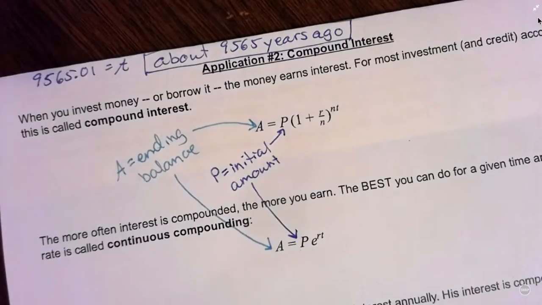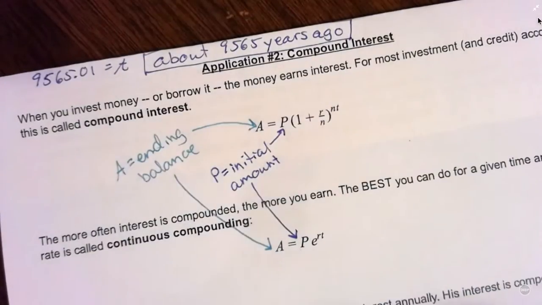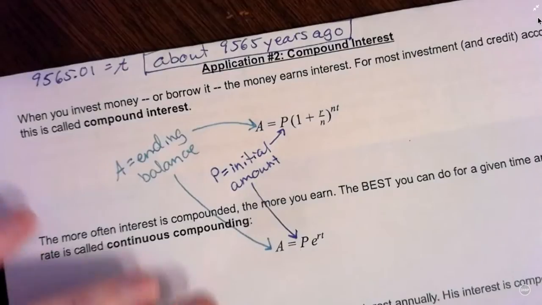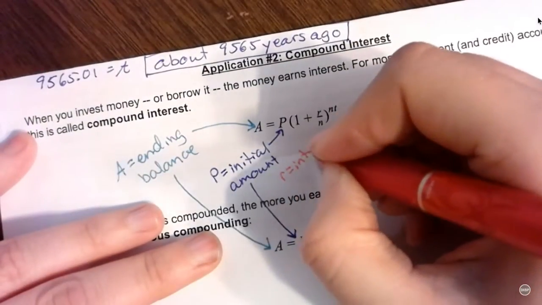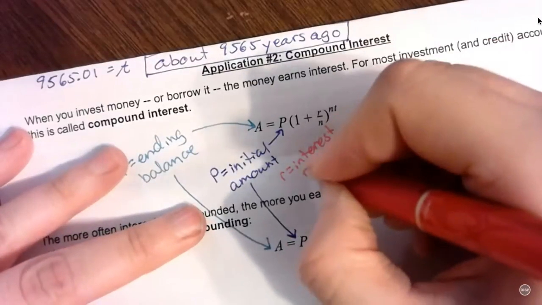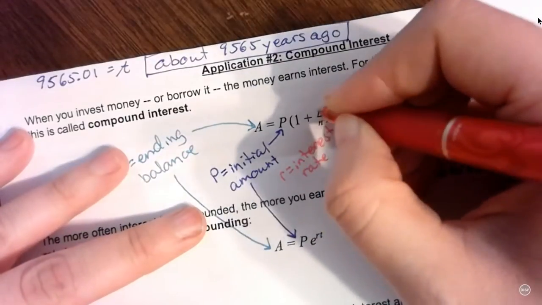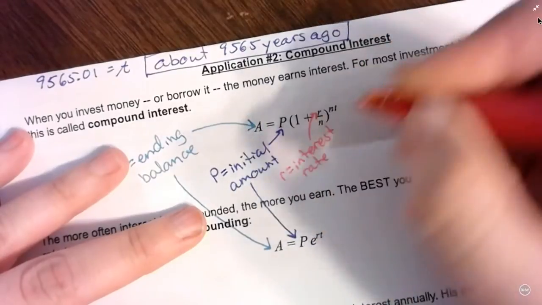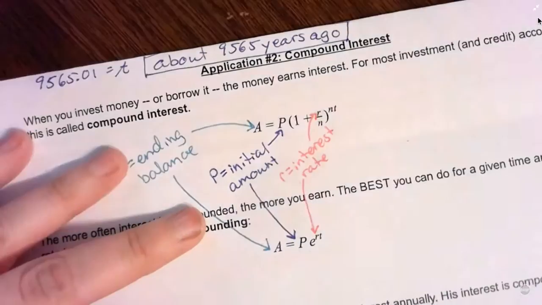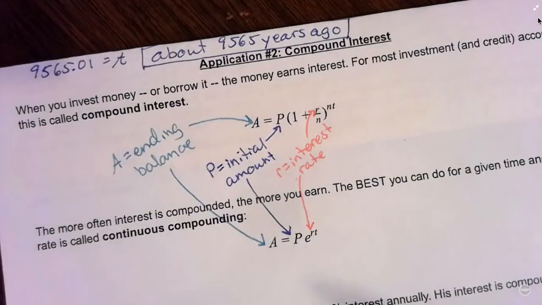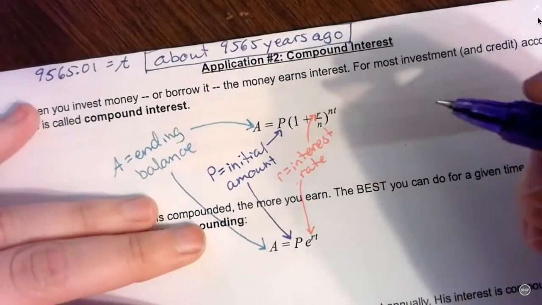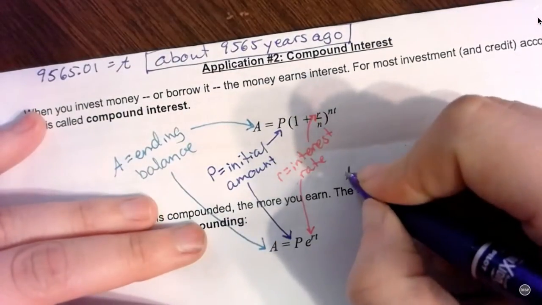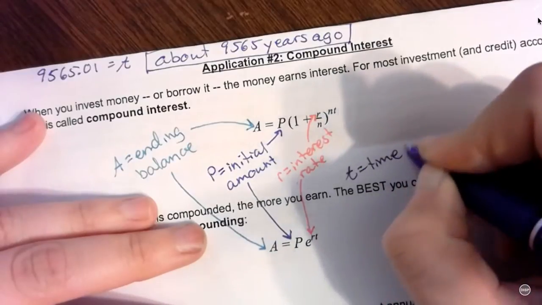And you'll notice that both formulas also have an R in them. R is for interest rate. And the last thing they both have in common is T for time, and it's almost always going to be years. So T equals time in years.